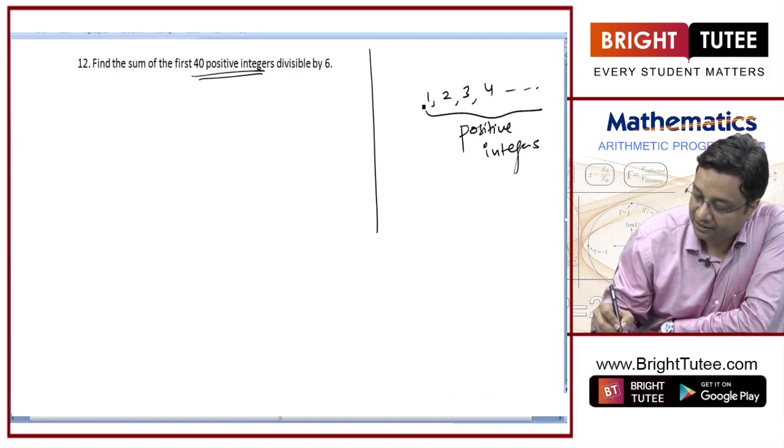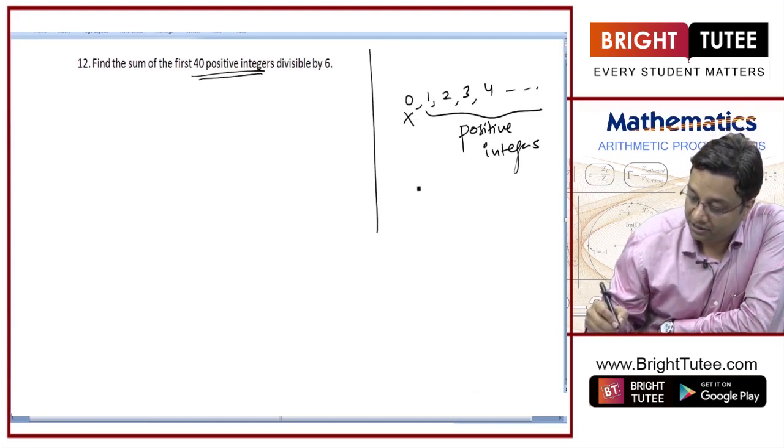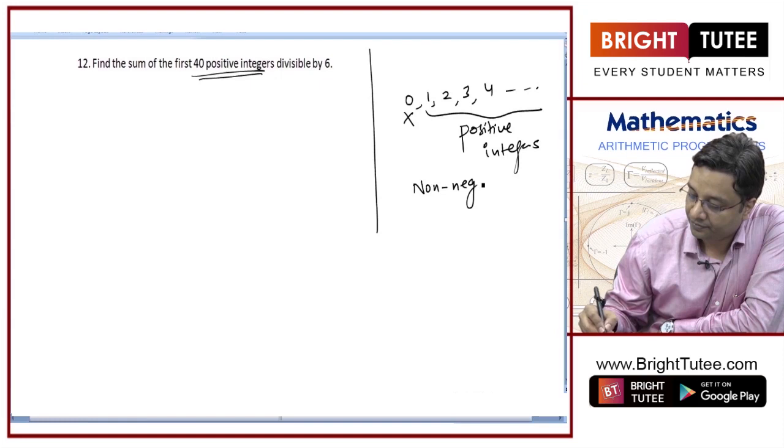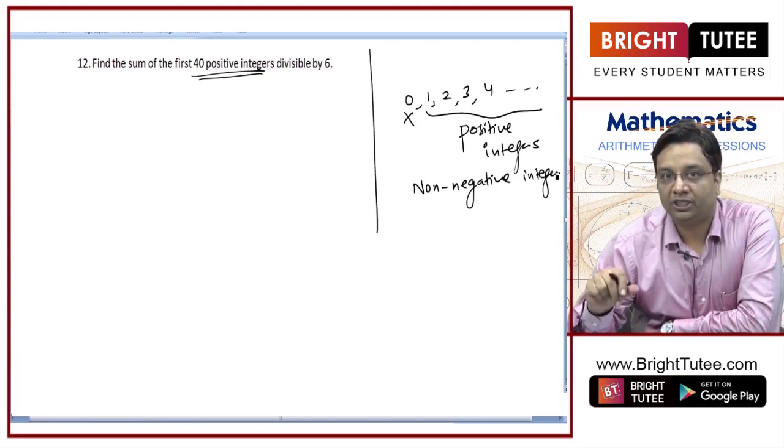If some student gets confused that 0 is also a positive integer, then it is not a positive integer, right? 0 is a non-negative integer.